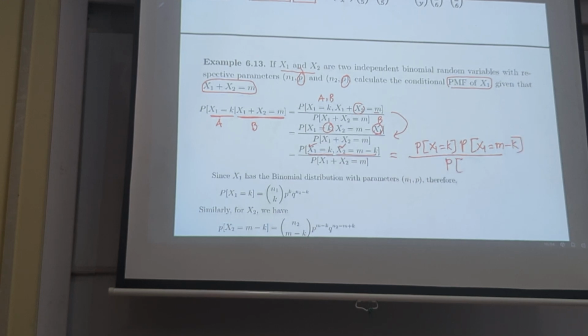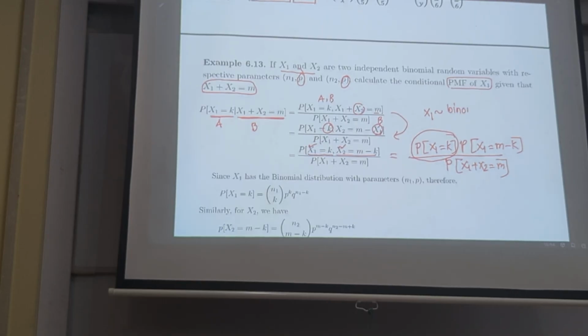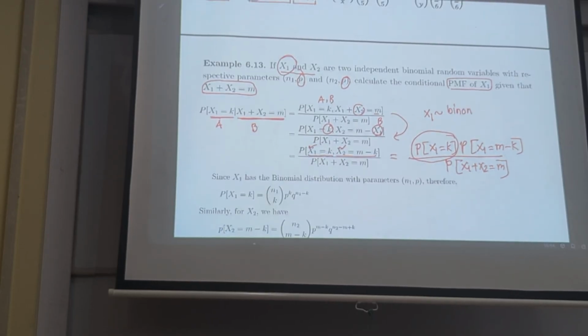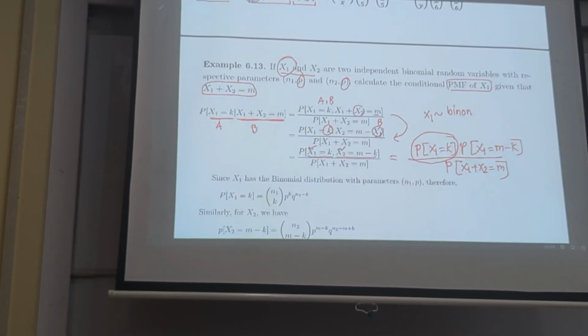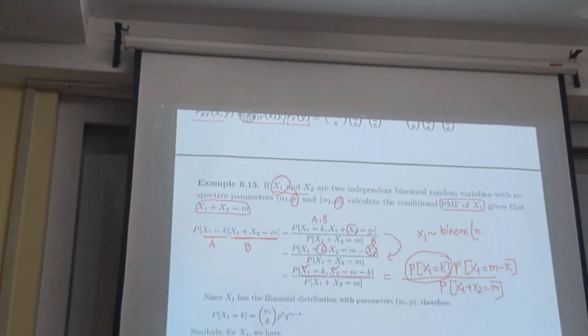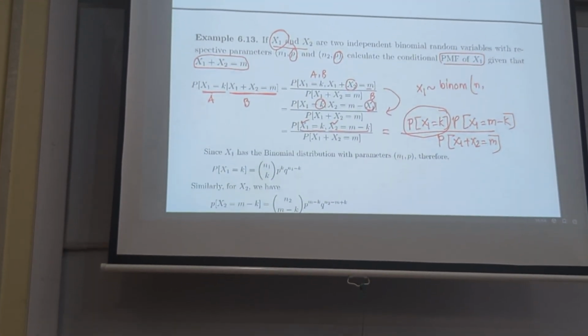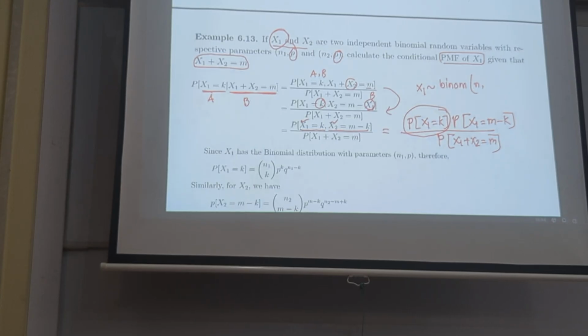And now, X1 is binomial, right? It is given. X1 is with parameters n1 and p.